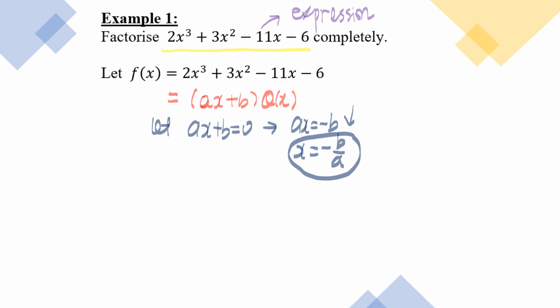So you can use factors of -6 or factors of 2. You can try letting x equal to, let's say, factors of 2, and then let's sub inside and see what happens.